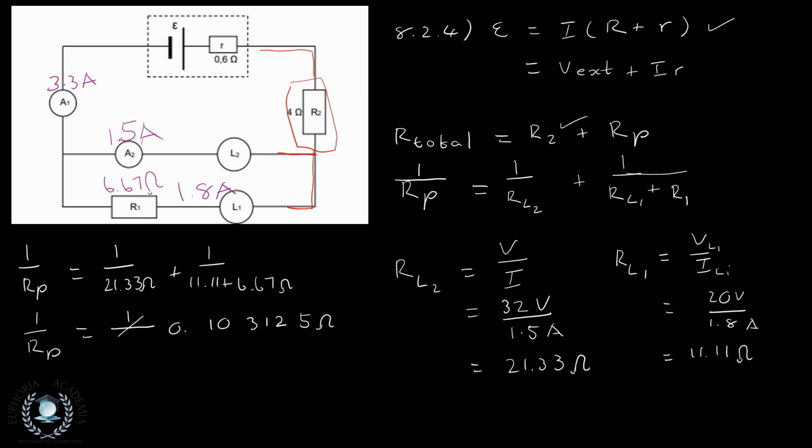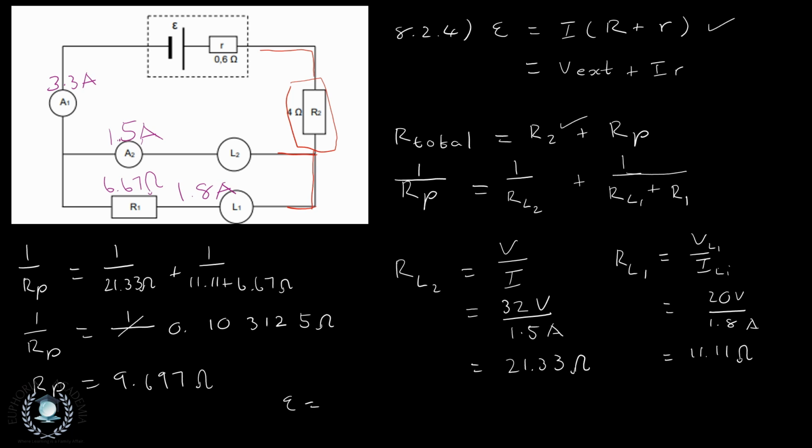Now we have to apply the inverse, meaning that our Rp is going to be equal to our answer raised to the power of -1, and we're going to find that we have an answer of 9.697 ohms. And what we can do then is we'll know that our EMF will be equal to our total current.